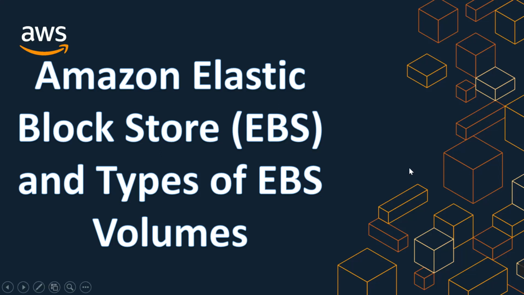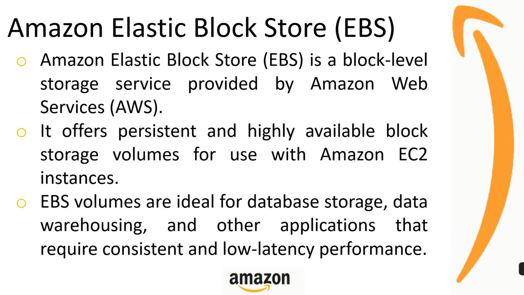Okay, so today we will discuss Amazon Elastic Block Storage (EBS) and types of EBS volume. Amazon Elastic Block Storage is a block level storage service provided by Amazon Web Services.